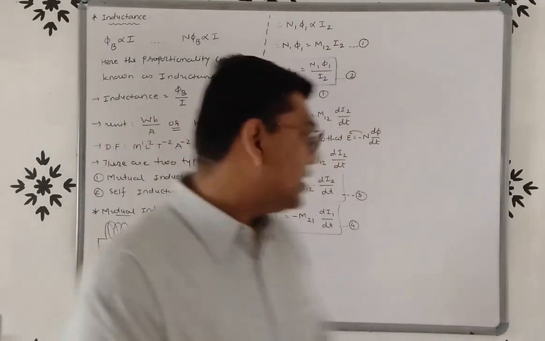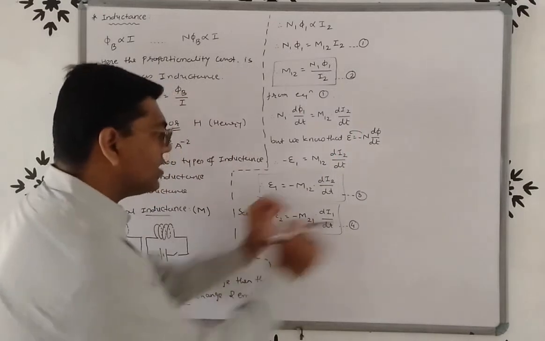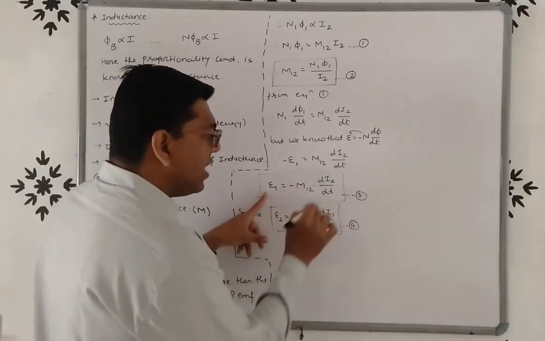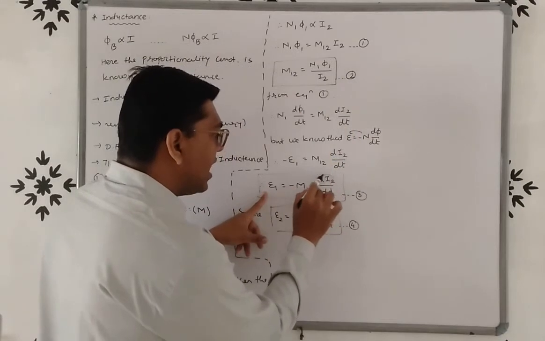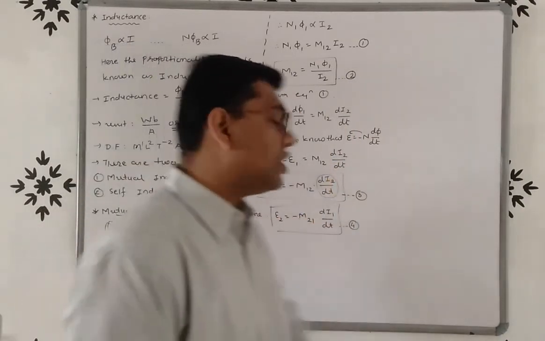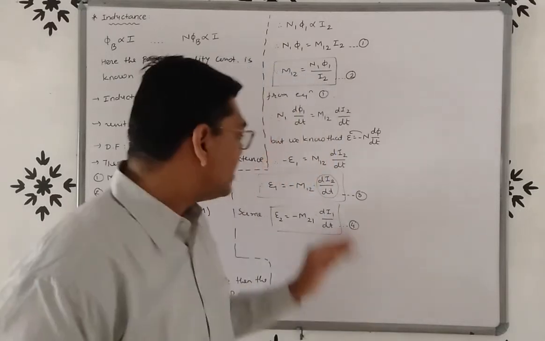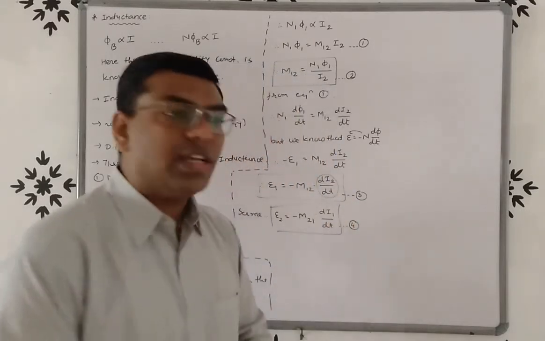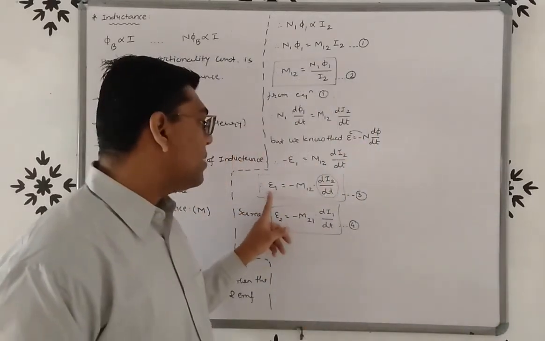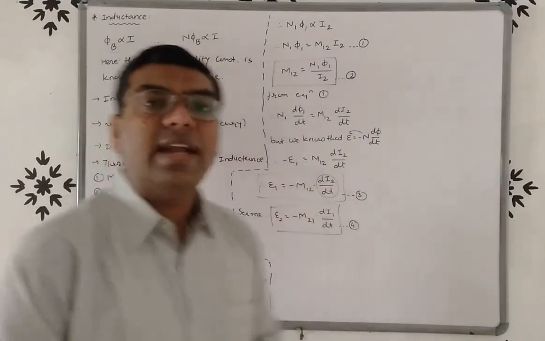And the second definition is from equation number 3. If I say di2 by dt, that means the time rate of change of current, is 1, then the induced EMF is known as mutual inductance.